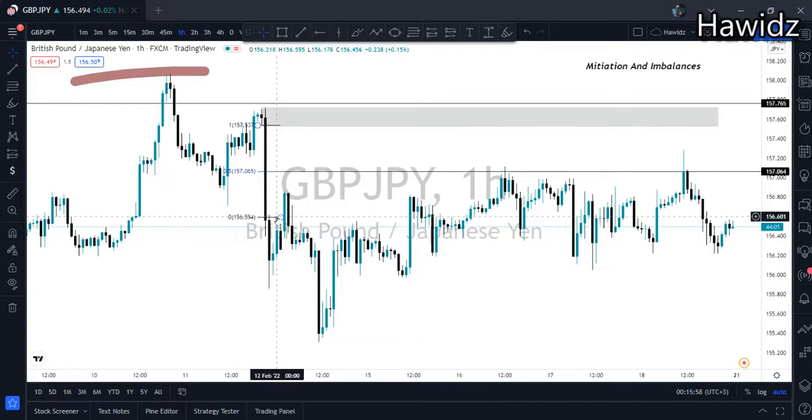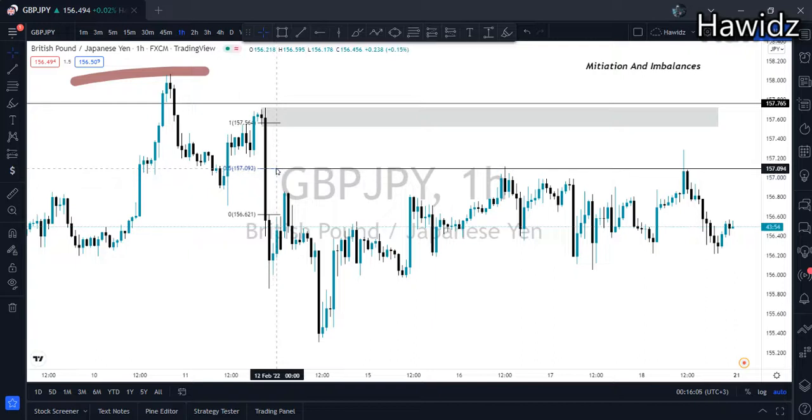It left this imbalance right here, and this is the 50% of it. From this wick to this wick is the imbalance. We can see price came, filled a quarter portion of it, left, came again, and filled half of it.